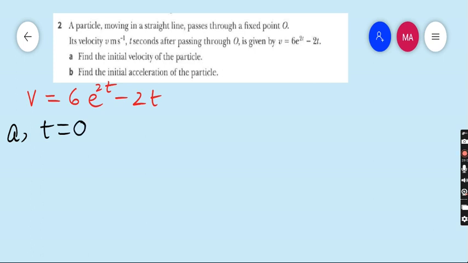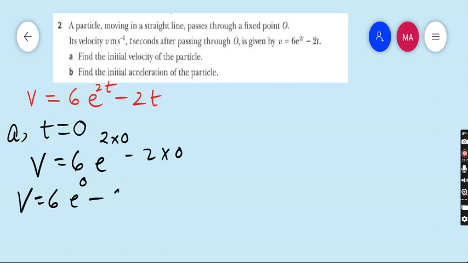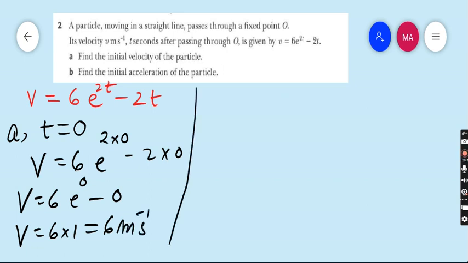Always put t is equals to 0 when the requirement is initial, that is initial distance or initial velocity or initial acceleration. So v is equals to 6 e power 2 into 0 minus 2 into 0, which is 6 into e power 0, something power 0 is 1, minus 0. So 6 meters per second is the initial velocity.